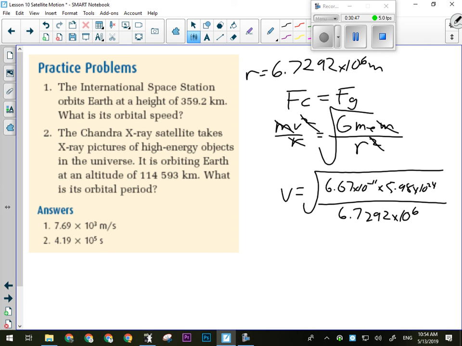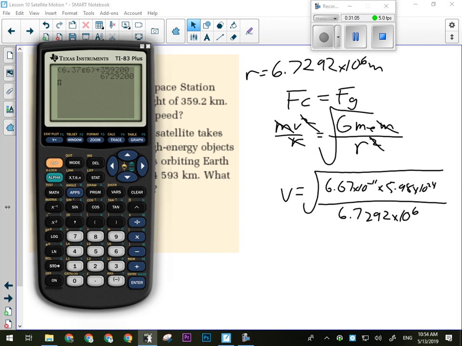Okay, and when we do that, we're going to get somewhere around this. They use slightly different numbers. Like the book has 6.38, I think, as the radius of the Earth. I think they have 5.97 as the mass of the Earth instead of 5.98. So if you got a number that's close to this, you're fine.